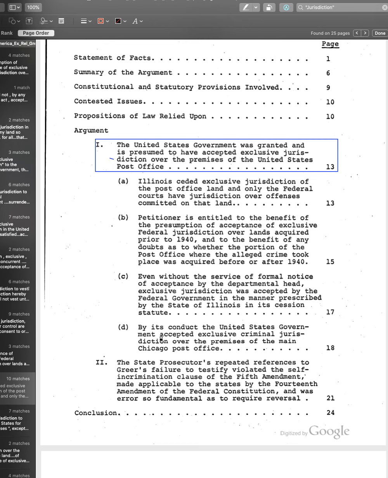By its conduct, the United States government accepted exclusive criminal jurisdiction over the premise of the main Chicago post office. So just by the way it acts.